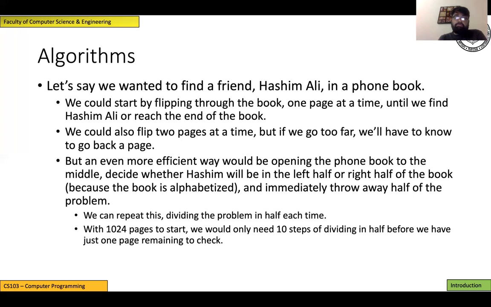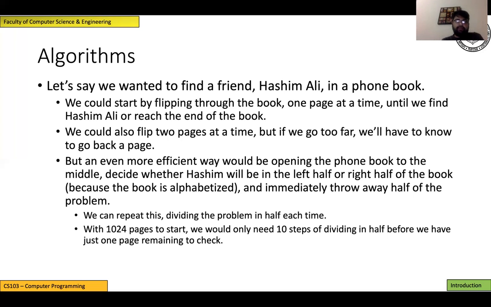Can there be a more efficient solution? Well, there is one particular characteristic of the phone book that we can take advantage of. Let us suppose that the phone book is sorted alphabetically based on the name of the person.